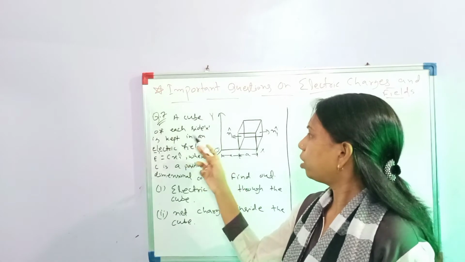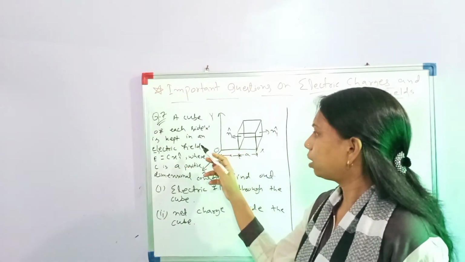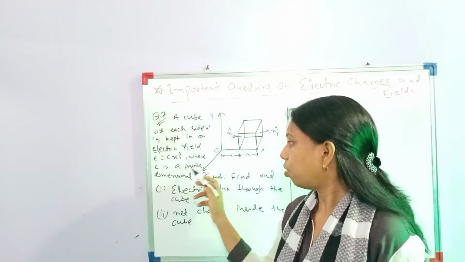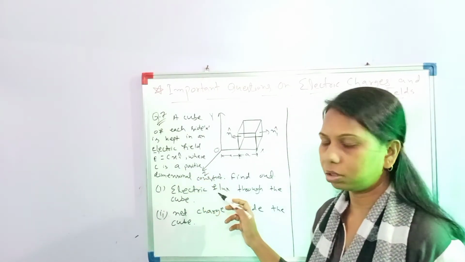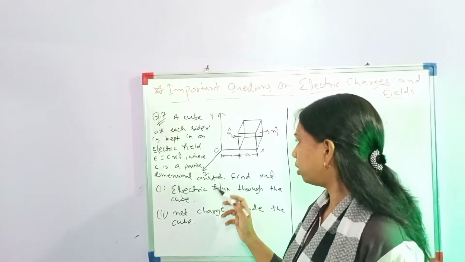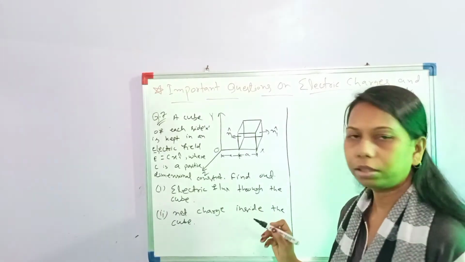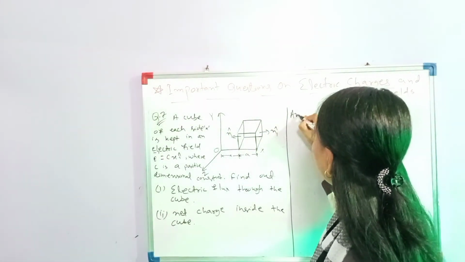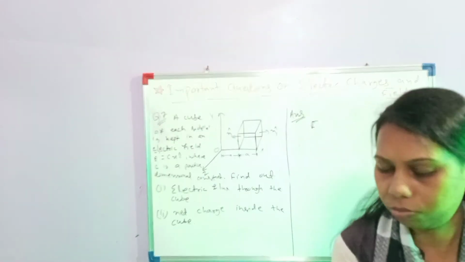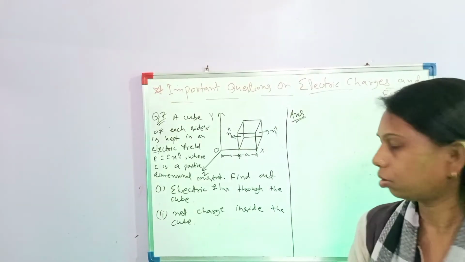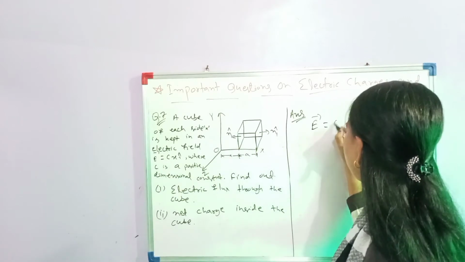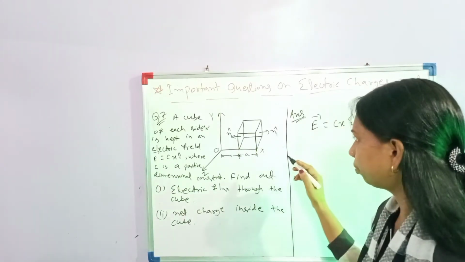Next, question number 7. A cube of each side a is kept in an electric field E equals Cx i cap, where C is a positive dimensional constant. Find out the electric flux through the cube and the net charge inside the cube. Here, electric field E equals Cx i cap.